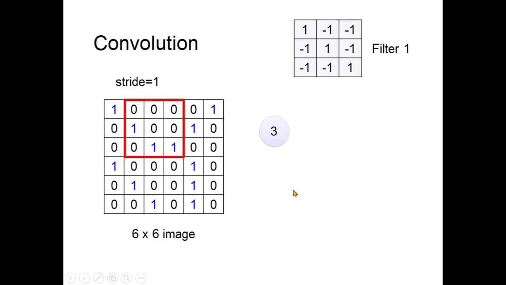Once you finish with the horizontal movement, then on the vertical side you would move again by 1 pixel. Now if your image is big, you can keep the stride as 2, but currently I'm just showing it with a stride of 1.